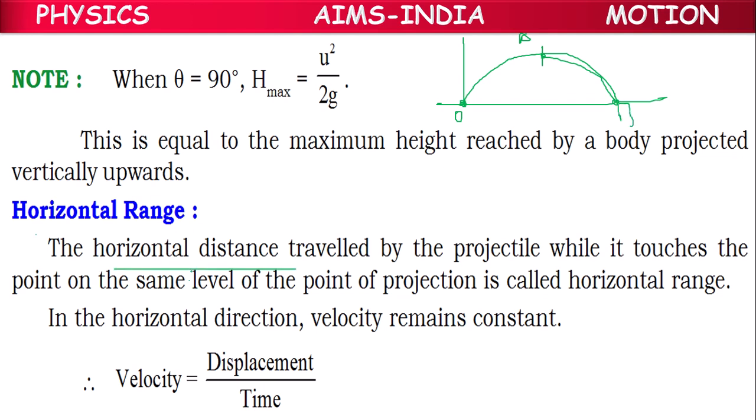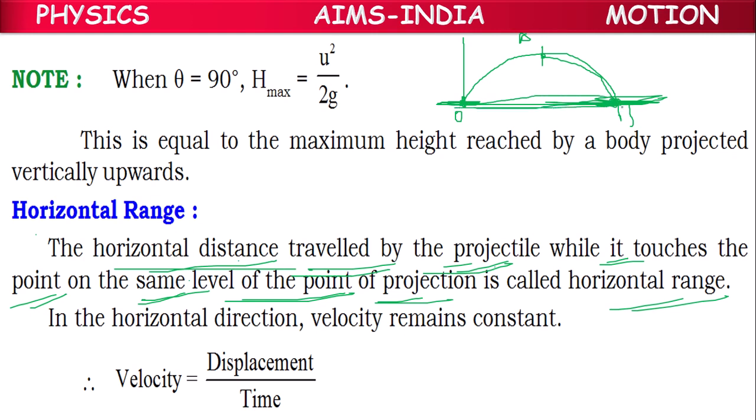So here, the horizontal distance traveled by the projectile while it touches a point on the same level as the point of projection is called horizontal range. Means from the level we have thrown the body, if it has reached the same level, this horizontal distance, this OB length, is called horizontal range.